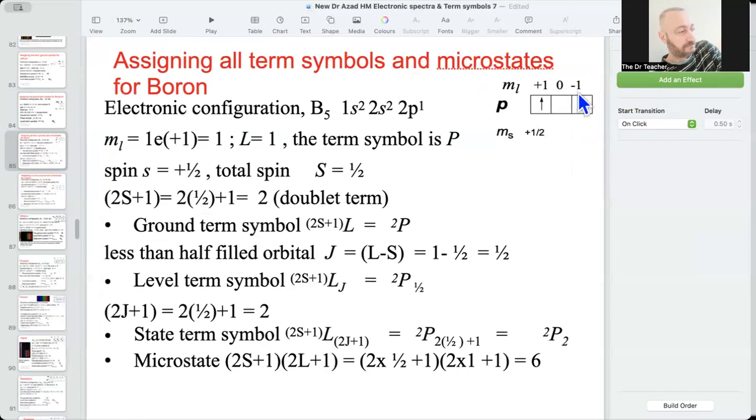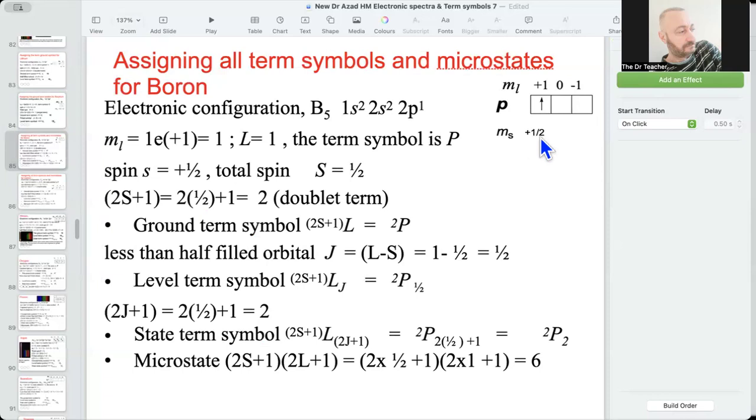So you can assign the ml 0, plus 1, minus 1. First you put the one electron on the left side. It's spinning upward or clockwise, so it takes ms plus half.